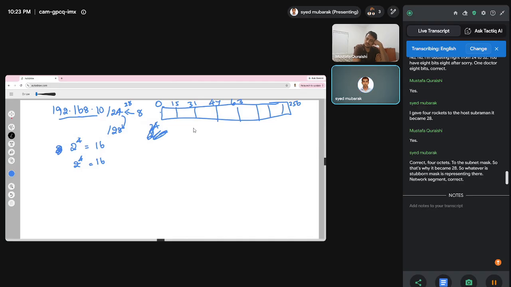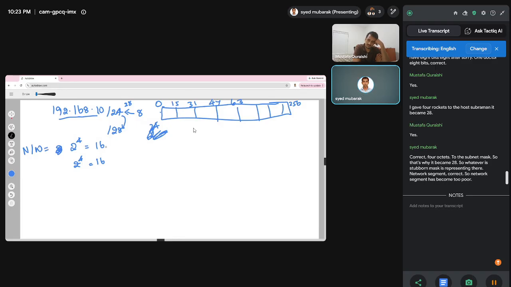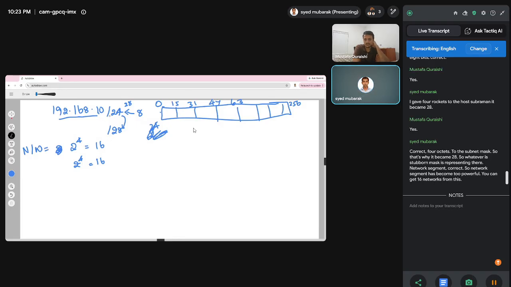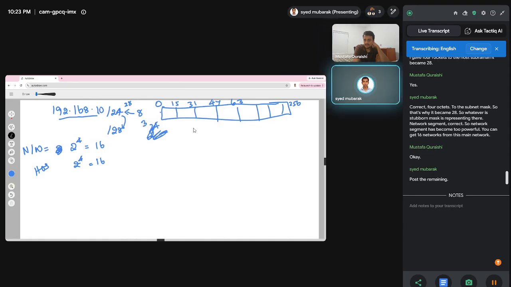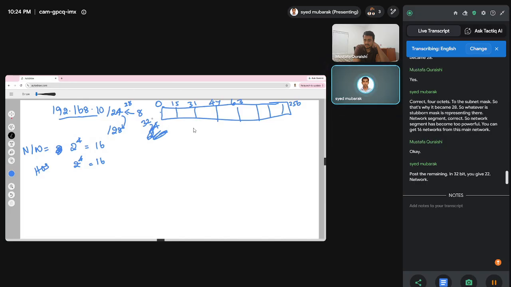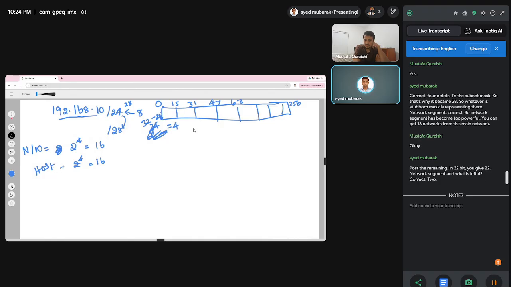The network segment has become 2 power 4, so you can get 16 networks from this main network. And for hosts, of the 32 bits, you gave 28 to the network segment, and what is left is 4, so 2 power 4 is hosts.